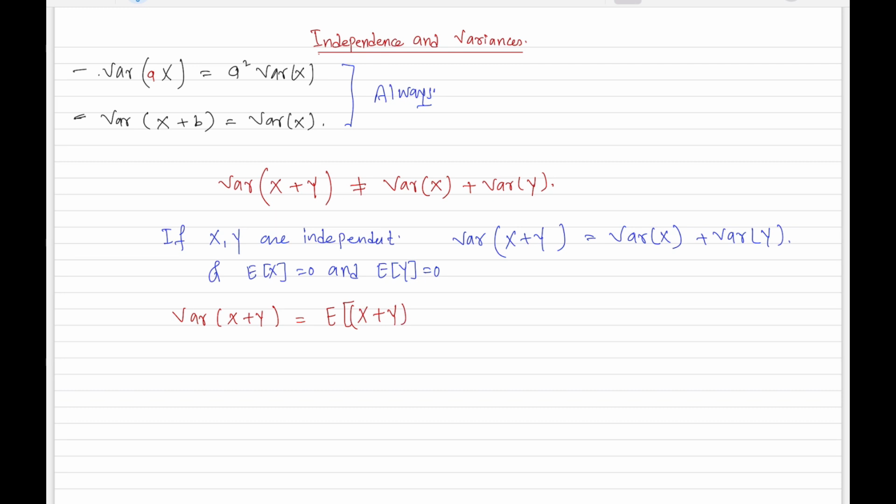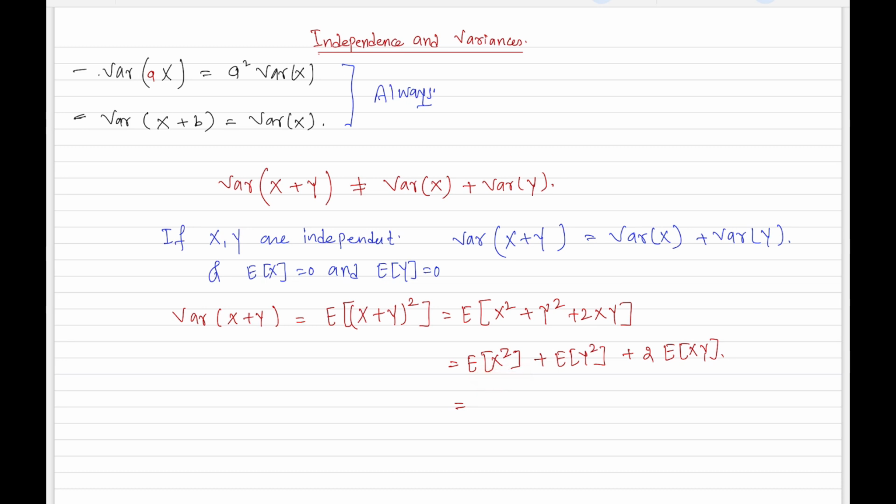So that would be simply the expectation of x plus y, squared. And we can expand further: that will be x square plus y square plus 2xy. We can use the linearity property, so that will be the expectation of the individual terms, plus 2 times the expectation of x times y. And what is this?